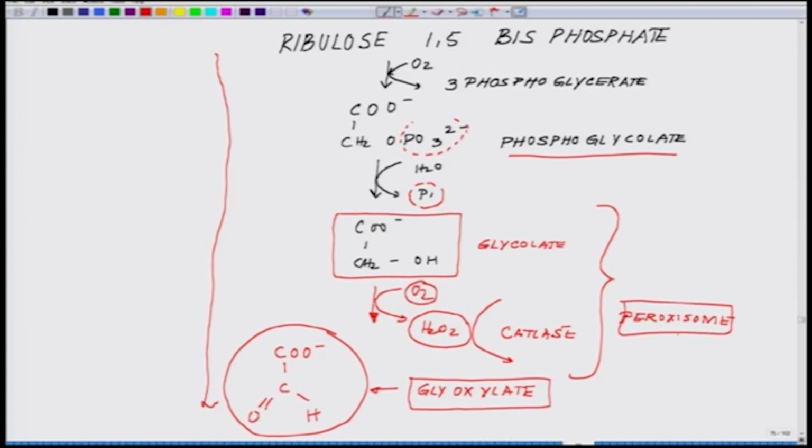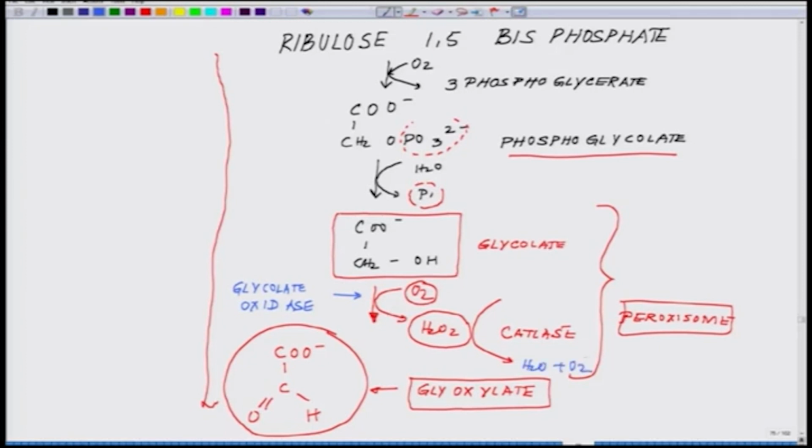And glycolate is then oxidized to glyoxylate by glycolate oxidase. So, the enzyme which is doing this reaction is called glycolate oxidase, where oxygen is converted into H2O2, and this H2O2 is further cleaved by catalase to form H2O plus O2.